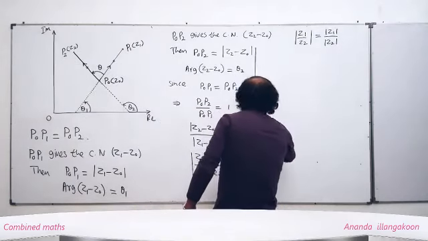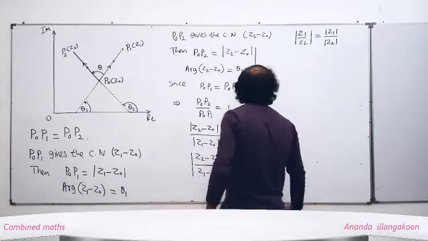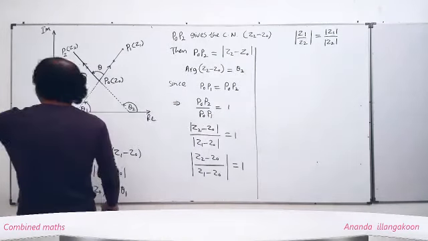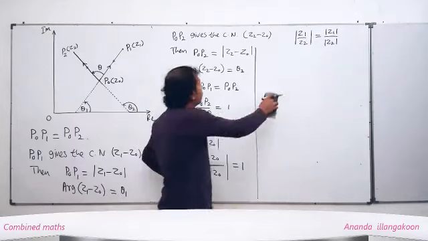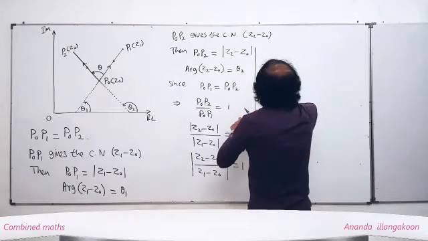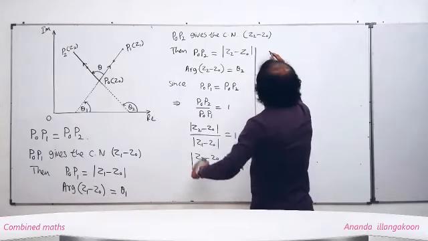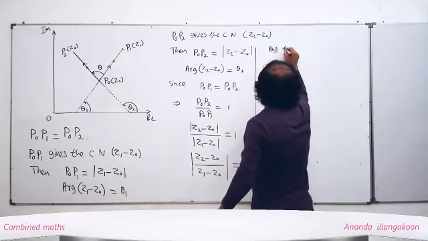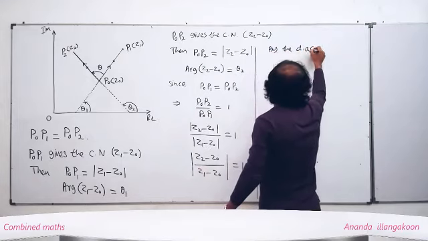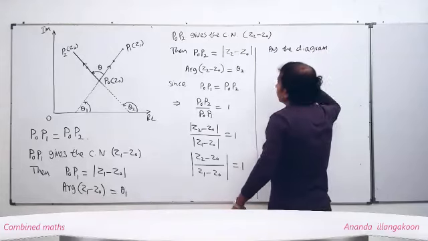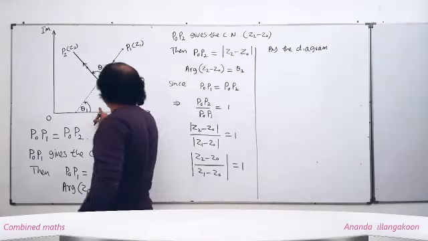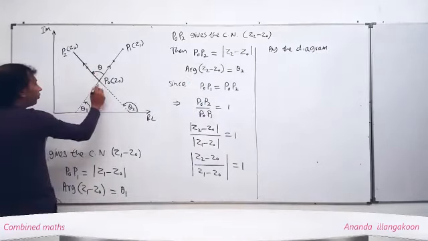Now, secondly, people, second thing, you can write this by the diagram. This theta 1, people, when this is theta, this is also theta. Theta 1 plus theta is equal to theta 2.